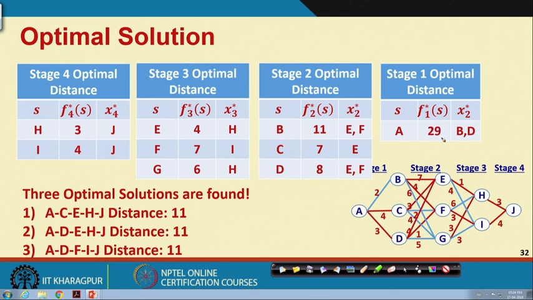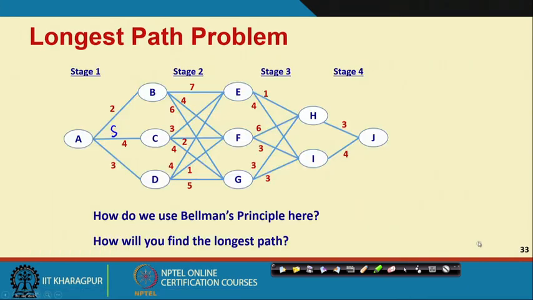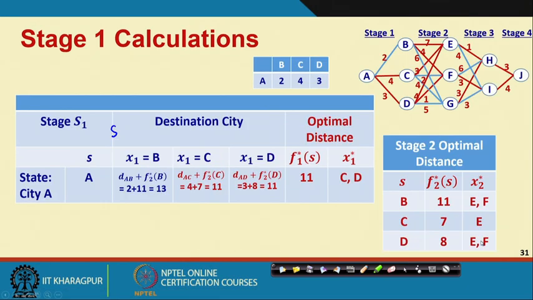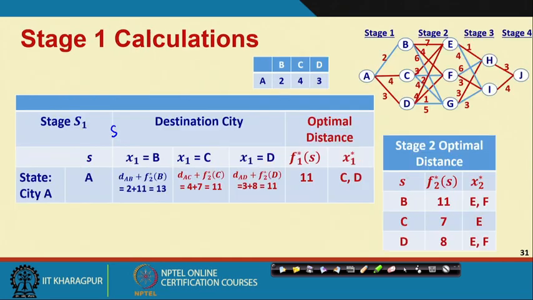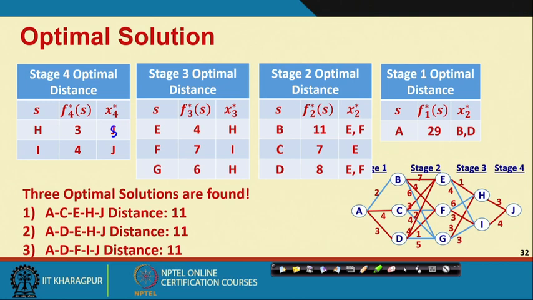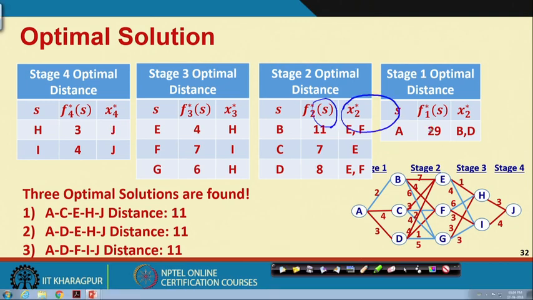The previous distance was 11, C and D. I do not know why there was a mistake, anyhow this is corrected. So, the optimal is 11, and C and D are optimal.